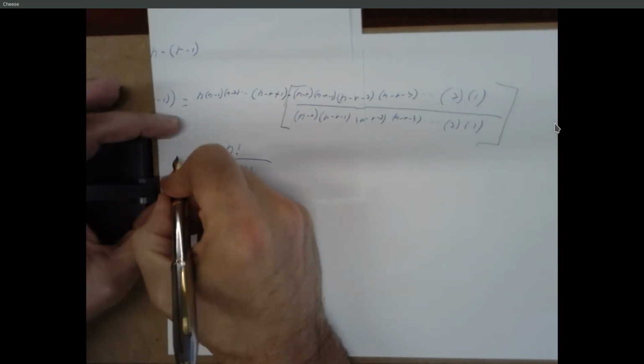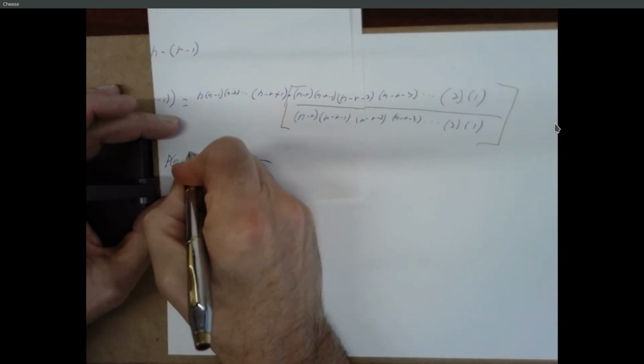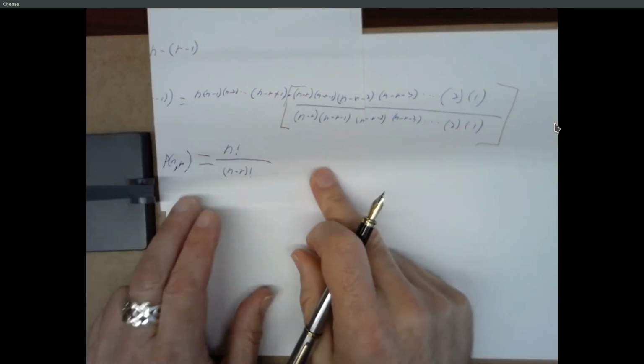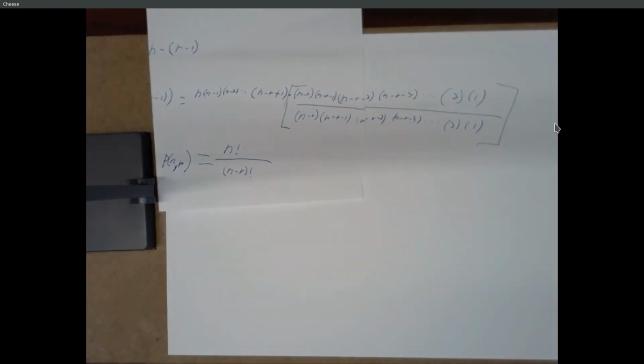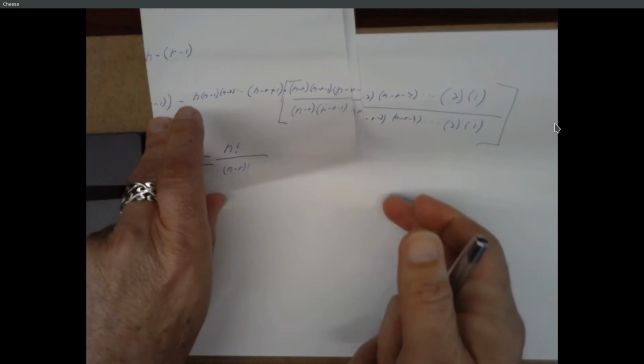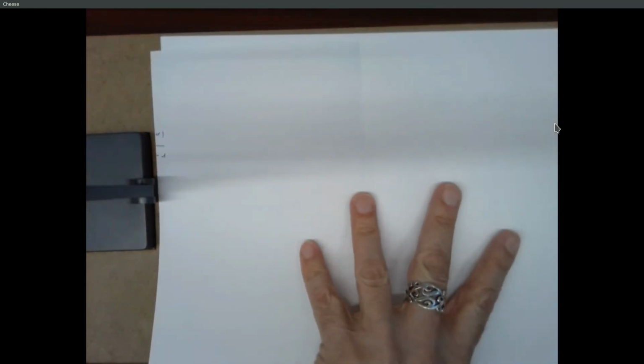And so this is a formula for the number of r permutations of n objects. And so factorials will figure prominently in everything we do for the rest of this unit.